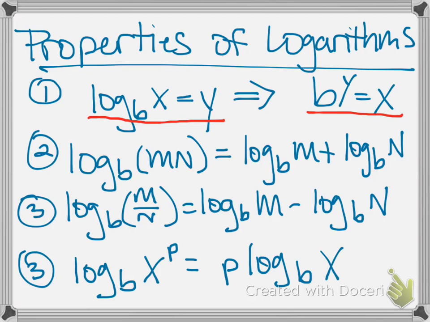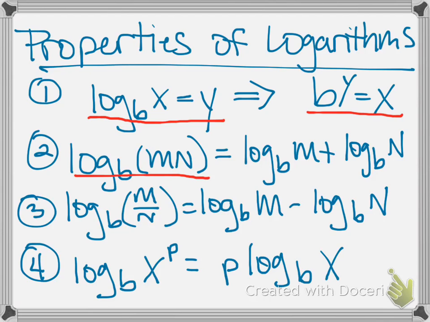A couple of other things that you need to keep in mind. I just noticed a typo on the slide. This is number 4. Just a moment. There we go. It would help if your math teacher could count. A couple of the other properties of logarithms that we need to refresh on is, first of all, what happens when we take the logarithm of something that we're multiplying together, which is what we're doing right here.